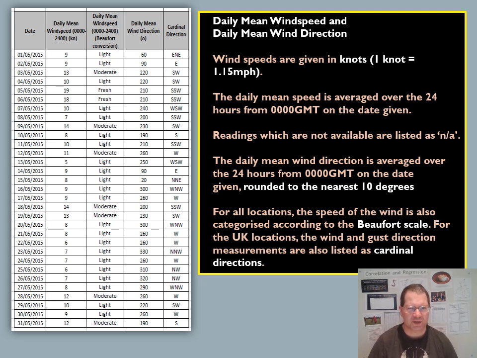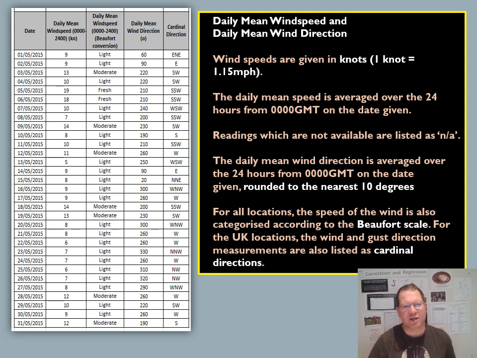So, for example, on this spreadsheet, we can see the words light, moderate, and fresh. 9 knots converts to light. 13 knots on the 3rd of May converts to moderate. 5th of May, 19 knots converts to fresh. That is qualitative data because it's qualities rather than quantitative.